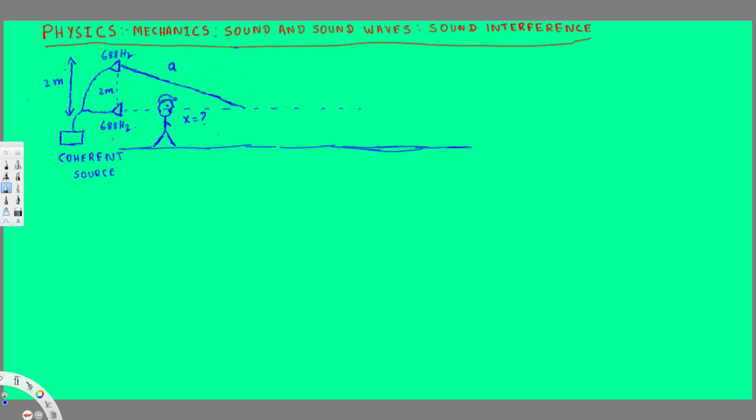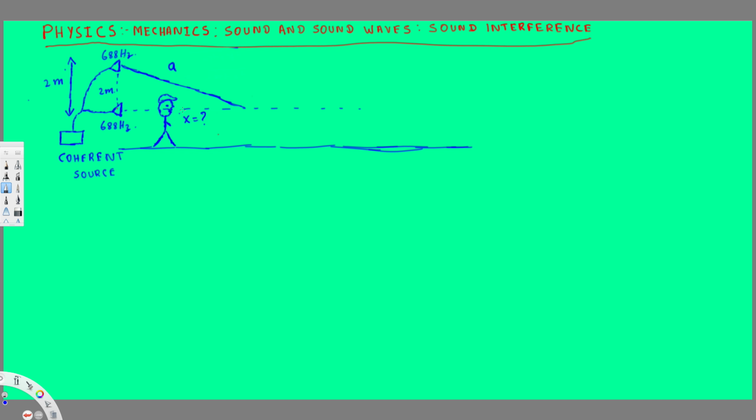What that means is the frequency created by these two oscillators is the same, and also the phase difference is the same, so these two will travel with the same phase difference. We have to find the distance where he will hear the sound and the distance where he will not hear the sound. So let's see how we can find it.